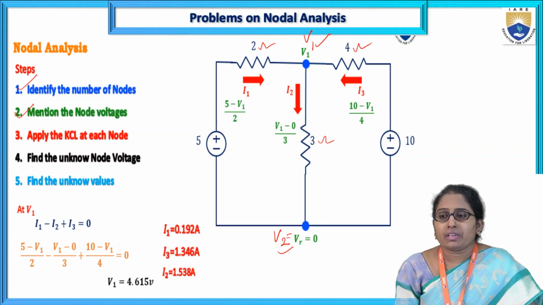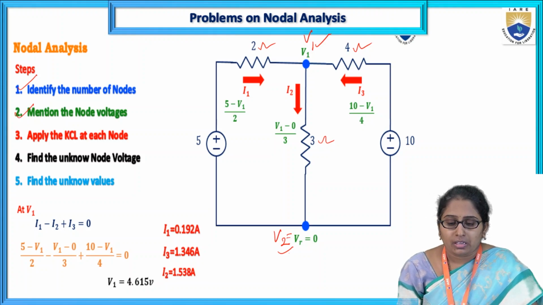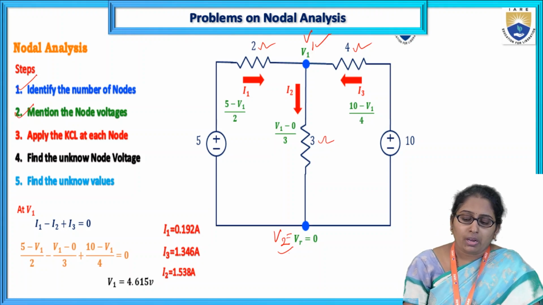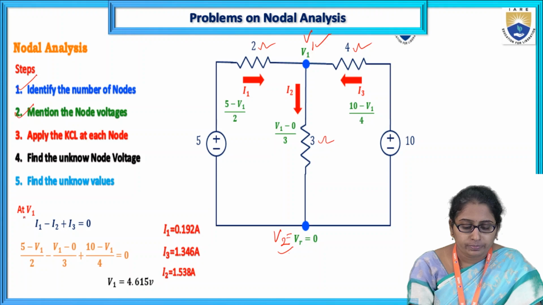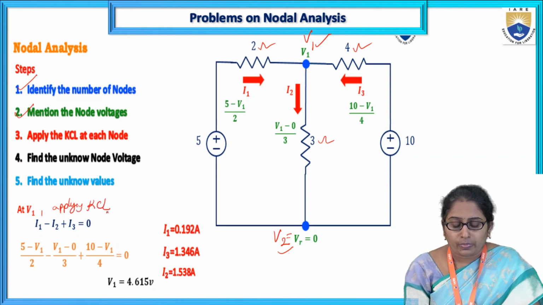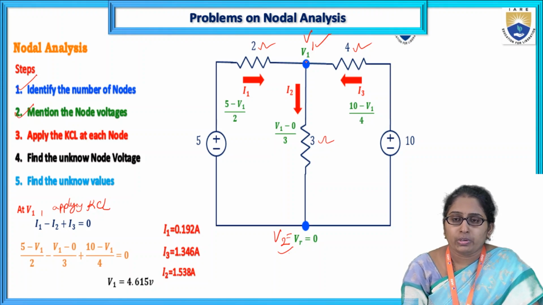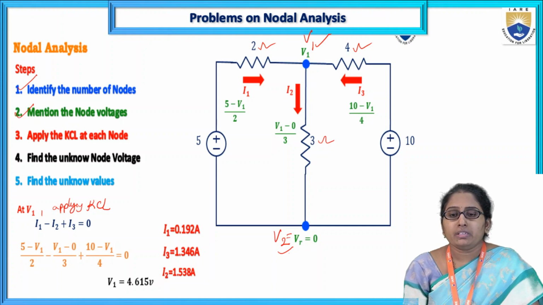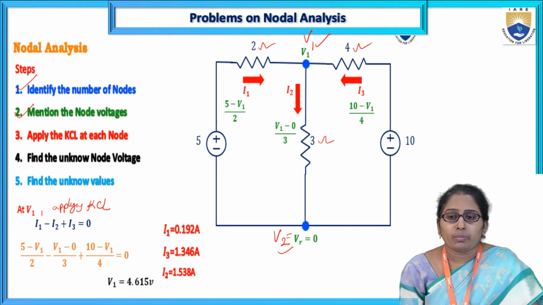Now after assuming currents in each element, we have to apply KCL at each node, write the equations and solve them. So at node 1, applying KCL: KCL means the algebraic sum of incoming and outgoing currents is equal to 0.